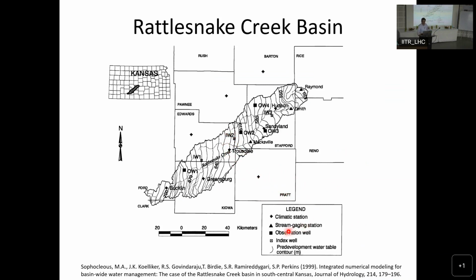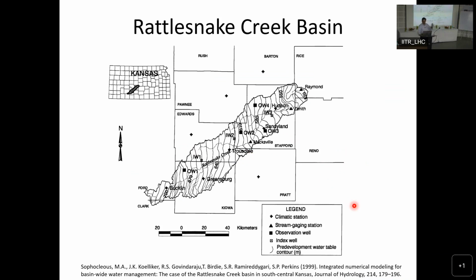Okay, and then we have several observation wells, and you will see OW1, OW2, OW3, OW4, and so on. So these are observation wells where we have some record of water levels. Then there are some index wells as well. There are some irrigation wells, but the observation wells essentially also provide us with information on groundwater elevations.